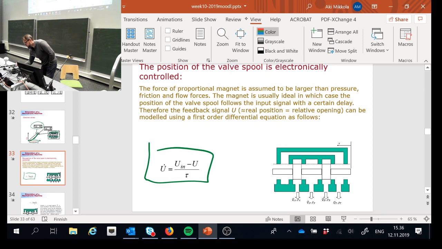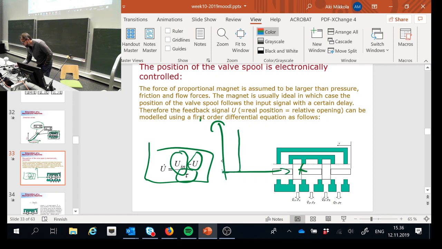So what I have in this first order differential equation is the signal coming from the joystick, then the actual spool position, and then the time constant that defines how fast this particular component can react to changes in a control signal. Now, if I have time here, and the signal, and then also how the spool is following the signal, this signal could jump from a 0 value to maximum opening.